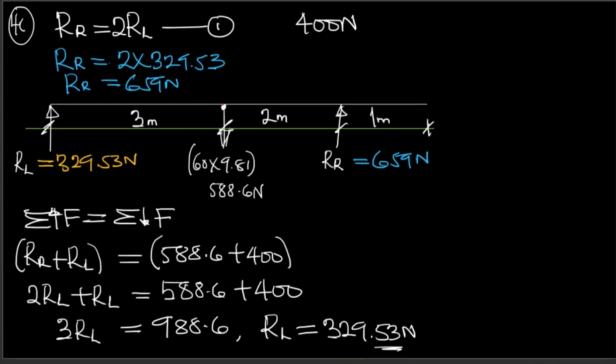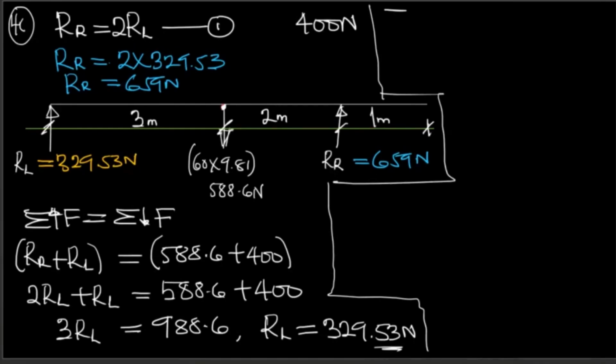Let's calculate the position. Let's take moment about the left hand side. Summation of moment about the left hand side equals 0. So about the left hand side, I'm going to have 659 multiplied by 5.